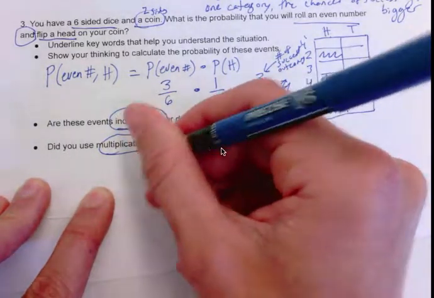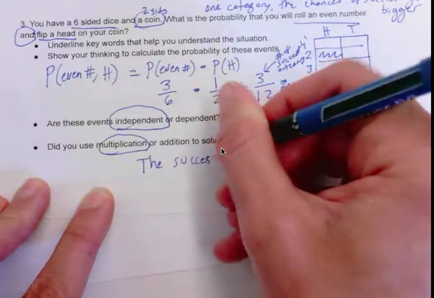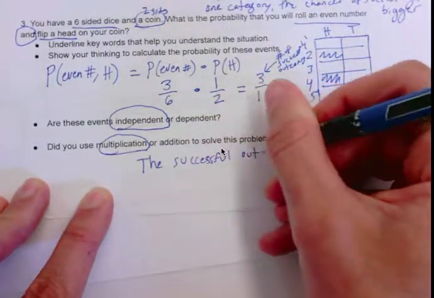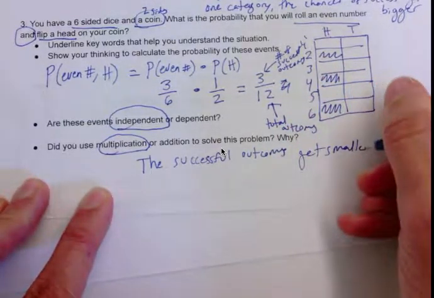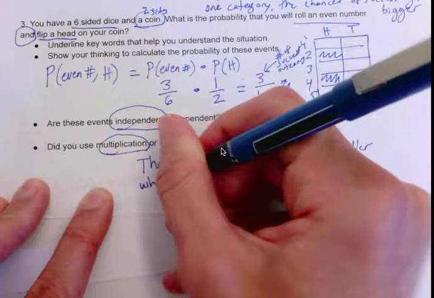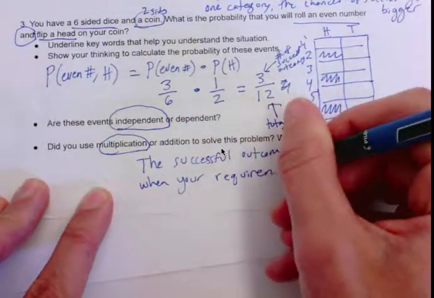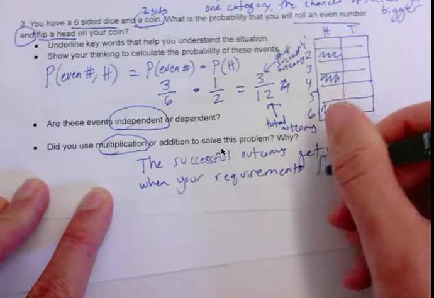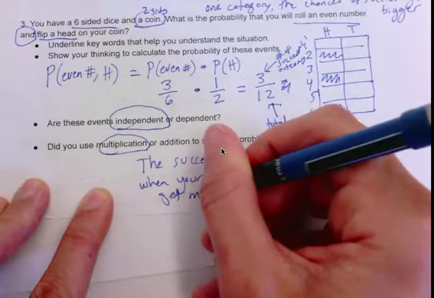So the successful outcomes get smaller when you combine, when your requirements get more specific, your requirements for success get more specific.